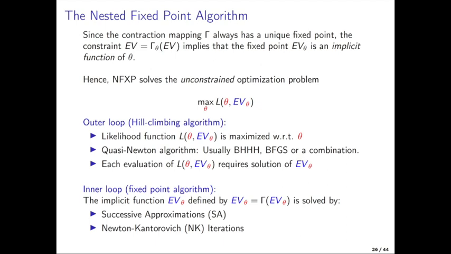It turns out that the successive approximation algorithm really slows down, especially when the discount factor is very close to 1. Whereas Newton-Kantorovich iterations are not linearly convergent, they are quadratically convergent. So as you get closer and closer to the solution of the equation, you will converge faster and faster, and errors will decrease quadratically.